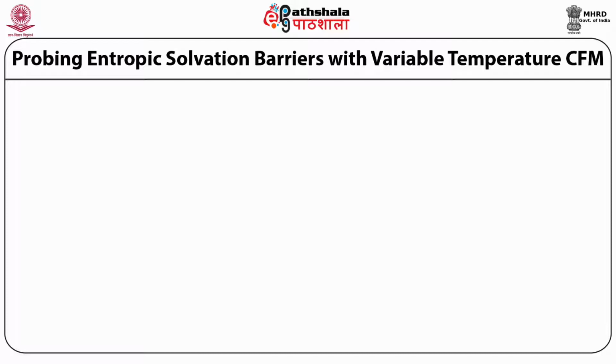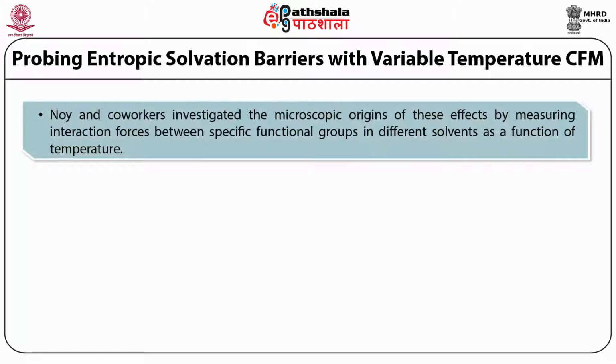Probing entropic solvation barriers with variable temperature CFM studies. Noy and co-workers investigated the microscopic origins of these effects by measuring interaction forces between specific functional groups and different solvents as a function of temperature.